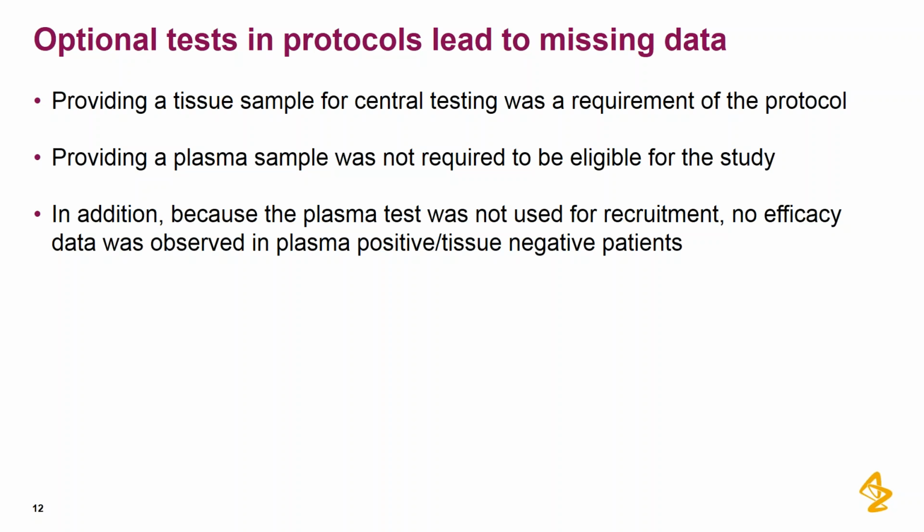And again, just to dwell on the fact that the plasma test was not used for recruitment or eligibility into the study. And so we had no efficacy data in the plasma positive tissue negative patients, and therefore we had to use a range of assumptions to estimate the efficacy for approval of the plasma test.